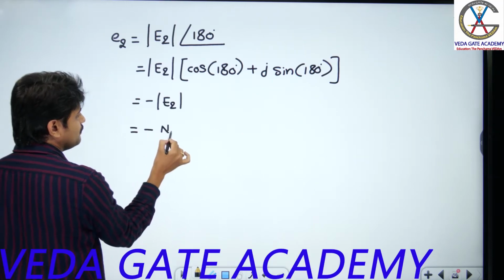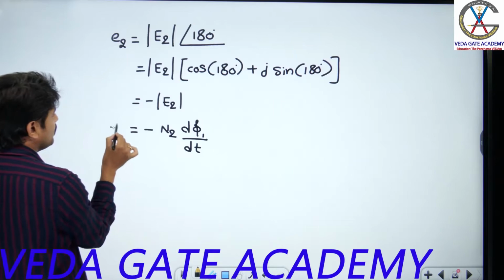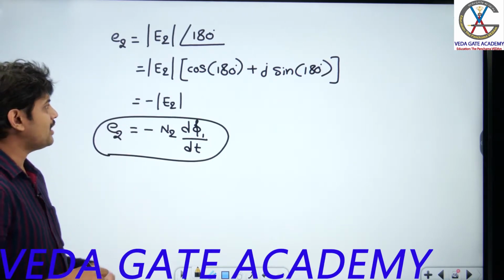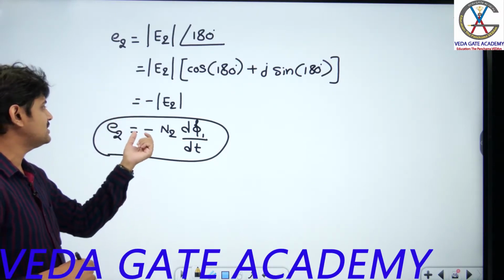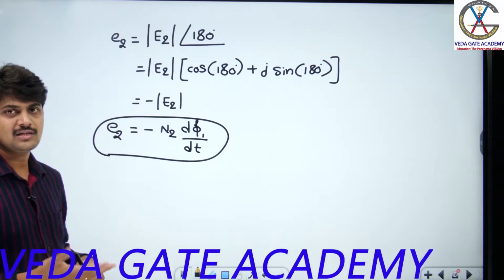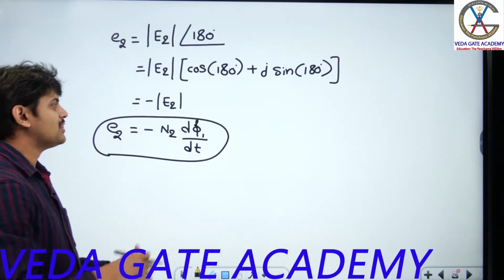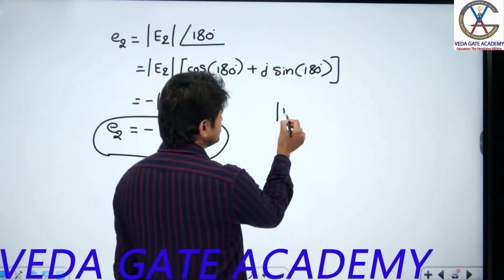Magnitude of E2 we already know: N2 into d phi 1 by dt. So this is the formula for mutual induced EMF. Here again, minus represents the opposition of this induced EMF with respect to applied voltage. That is nothing but Lenz's law, and N2 into d phi 1 by dt is nothing but Faraday's second law of electromagnetic induction.